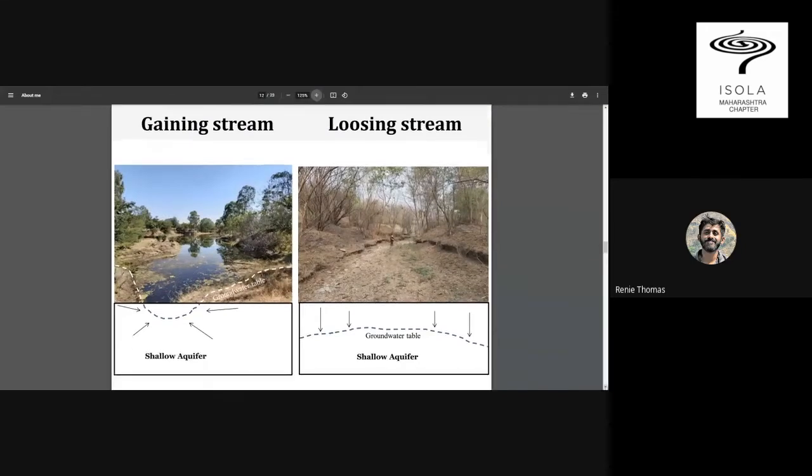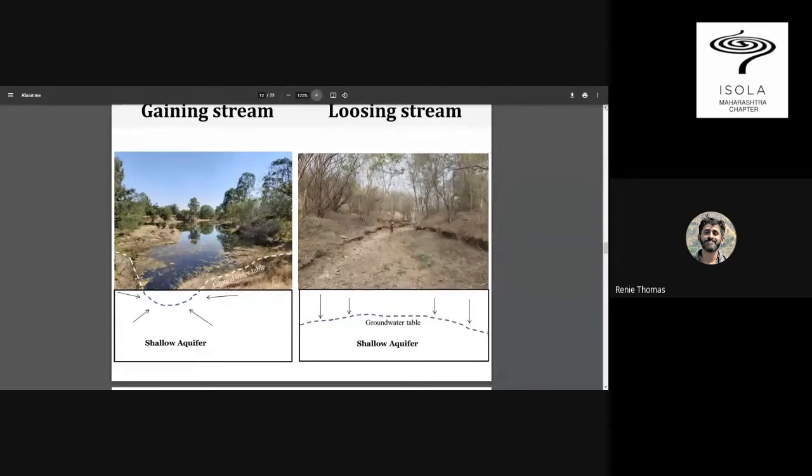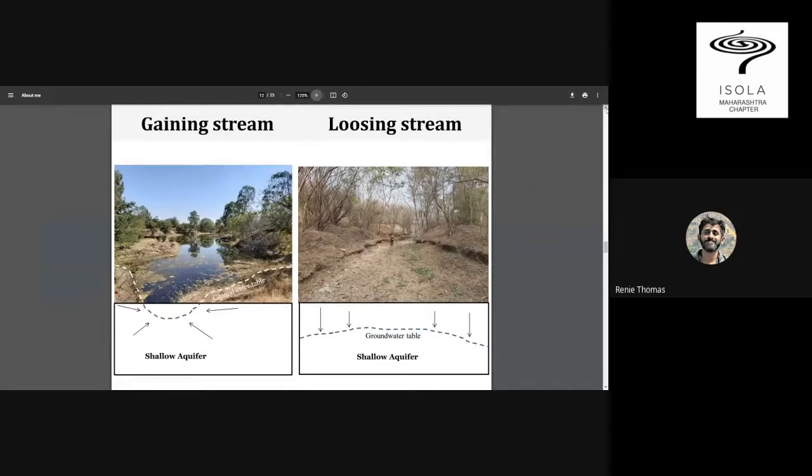So this is a typical example. This is from a gaining stream. On the left-hand side is from Ahmednagar, and on the right is from central Aurangabad. Both are in summer, but certain properties differ because of the aquifers.